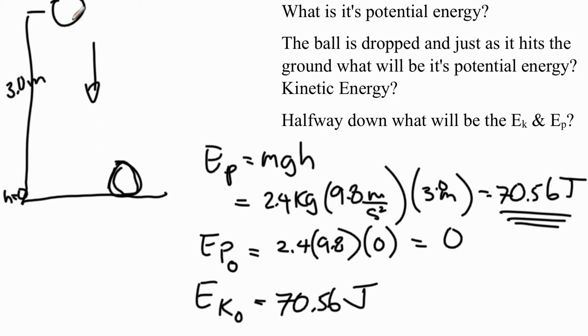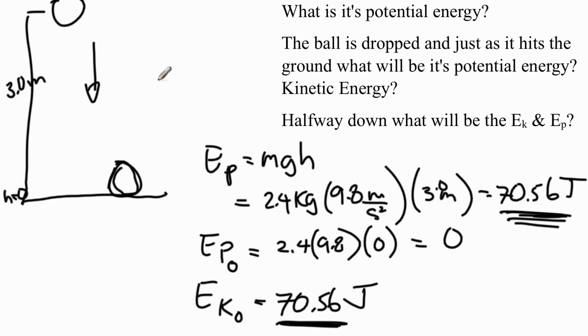If it had 70.56 there, as it comes down, it loses potential energy but gains kinetic energy. And just as it hits where the height is 0, all of that potential energy will have been transferred into kinetic energy. So the potential at the top is equal to this kinetic energy as it hits at the bottom.